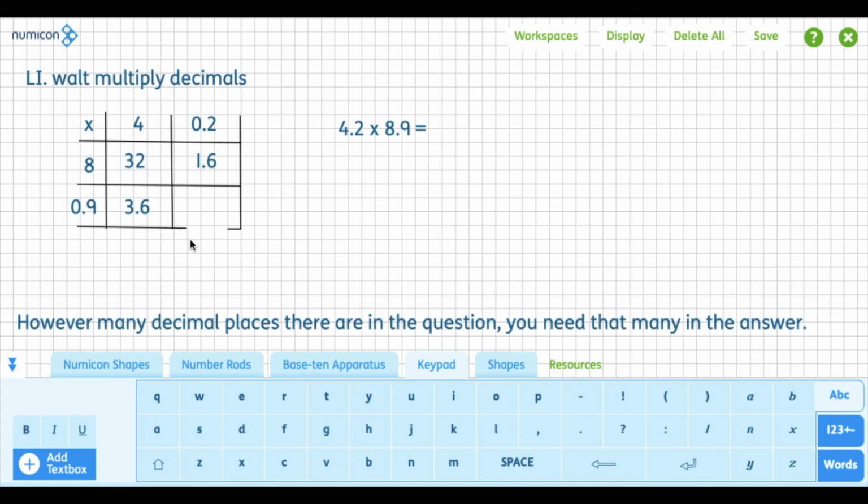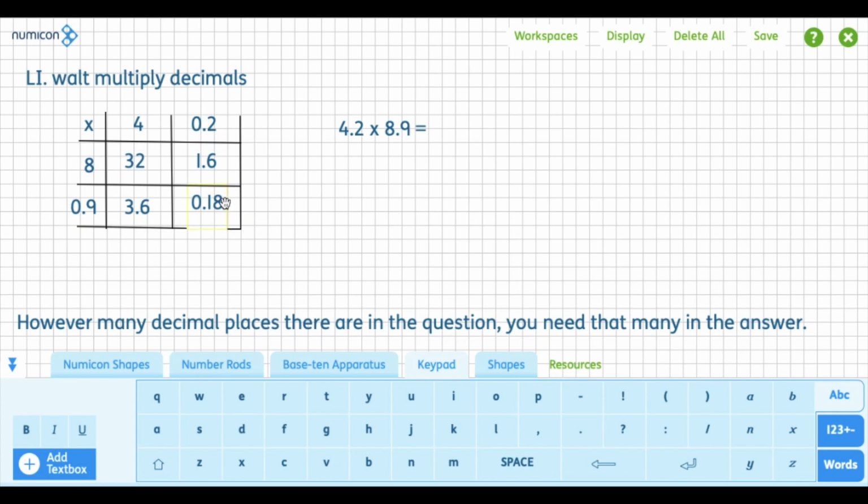So we know that 0.2 of 0.9 is actually going to end up being smaller because it's a part of a part. So if we think about 2 times 9 is 18, but like we were saying, we need 2 decimal places in our answer, so it would be 0.18 because we need both of those numbers to be in the decimal places.